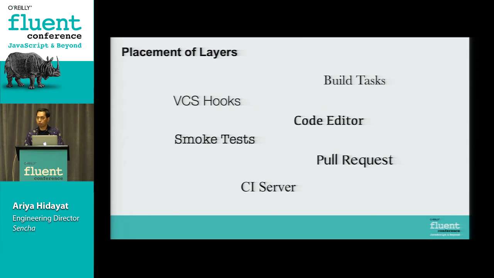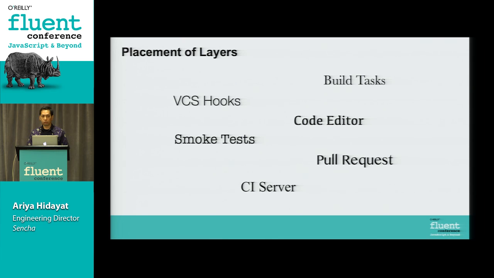So we can place all these layers at different strategic points. Build tasks, if you use Grunt. How many of you use Grunt? All right, cool. Or if you're still stuck with Ant. The code editor is another place. Pull requests: Travis CI has this fantastic test integration where, if someone creates a pull request, the patch is going to be merged in and then run against the test suite, and then you can immediately know the status. CI servers as well.